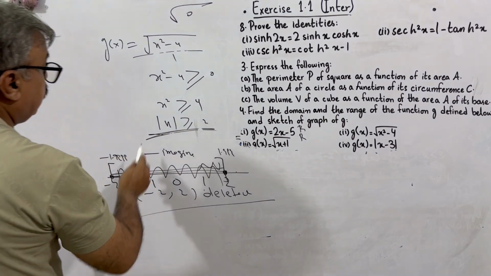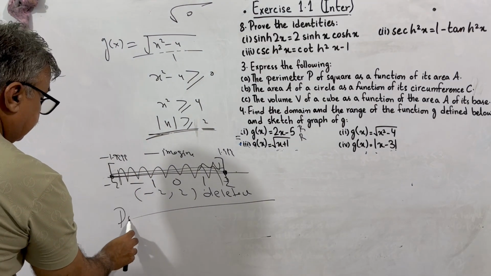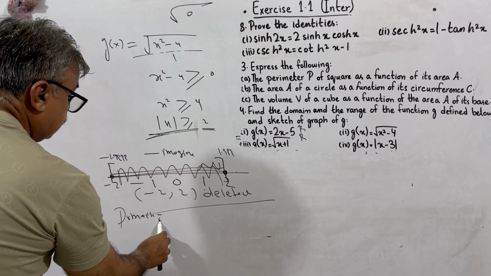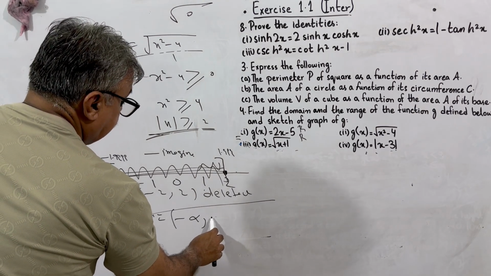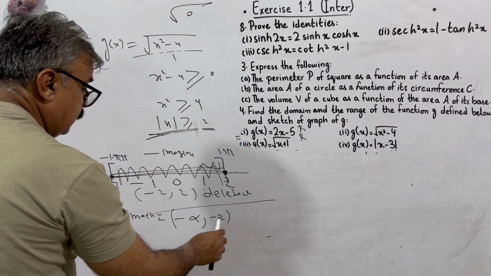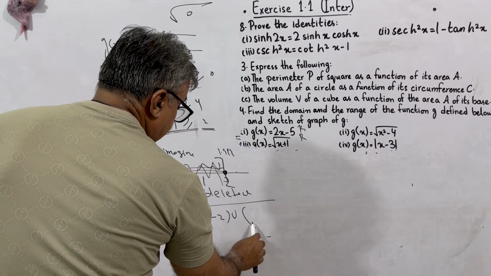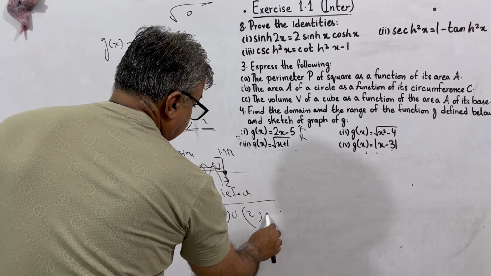How can we write the domain in that case? The domain is going to be negative infinity to minus 2, union 2 to positive infinity.